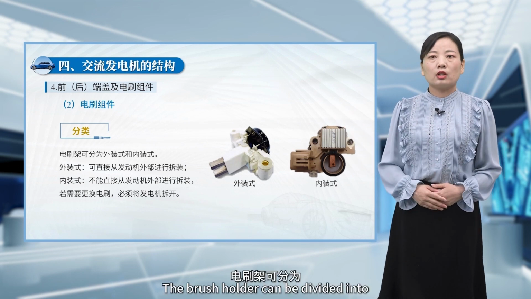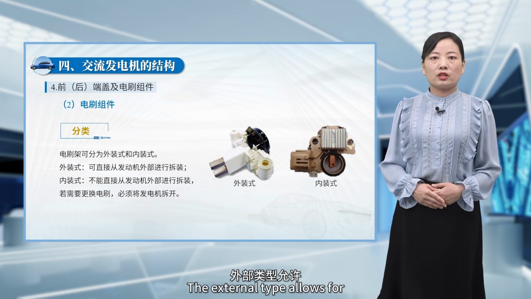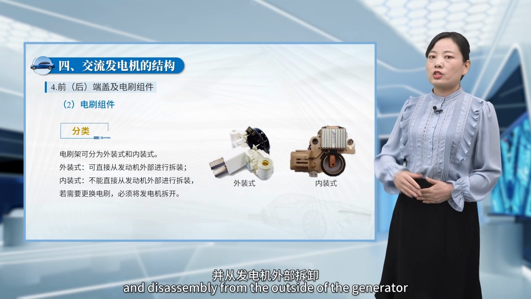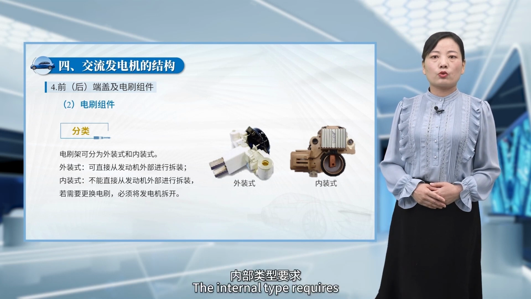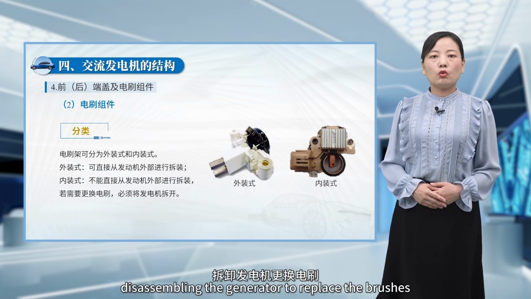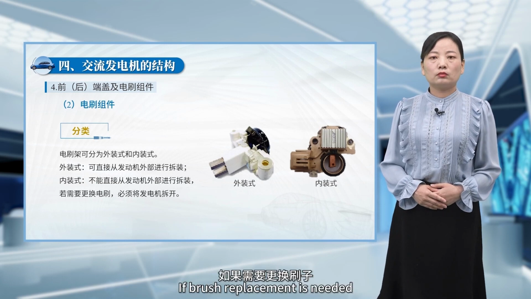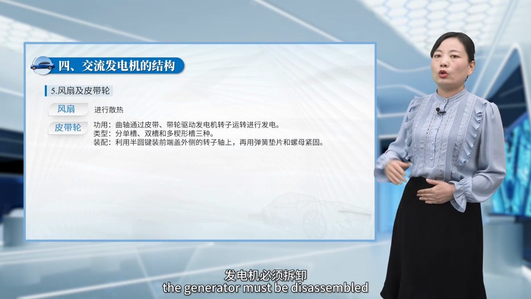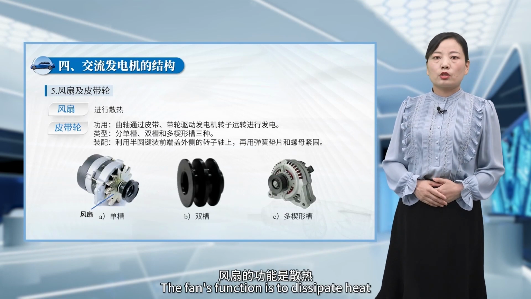The brush holder can be divided into external type and internal type. The external type allows for direct assembly and disassembly from the outside of the generator. The internal type requires disassembling the generator to replace the brushes. If brush replacement is needed, the generator must be disassembled. The fan's function is to dissipate heat.